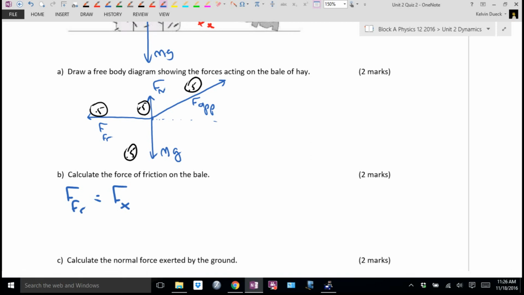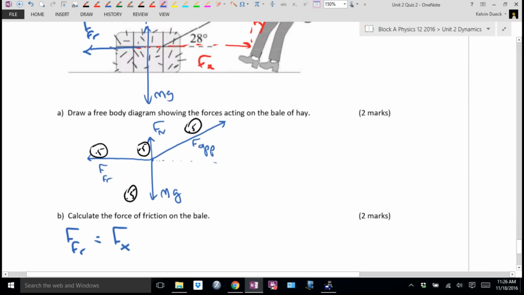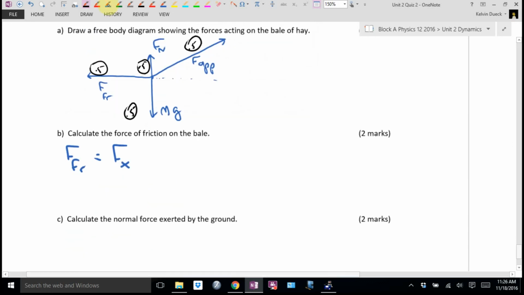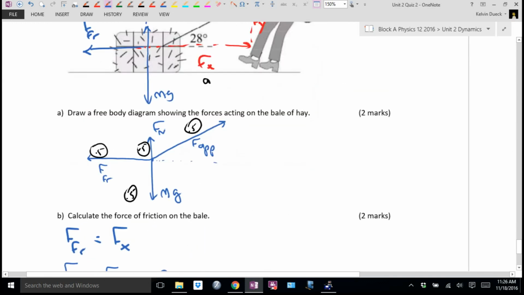Fx, sine, cosine, or tangent? It ends up being cosine. You can do the trig. You'll get adjacent, hypotenuse, opposite. So I said, well, friction is going to be the applied force times the cosine of theta. The applied force was 140 newtons.